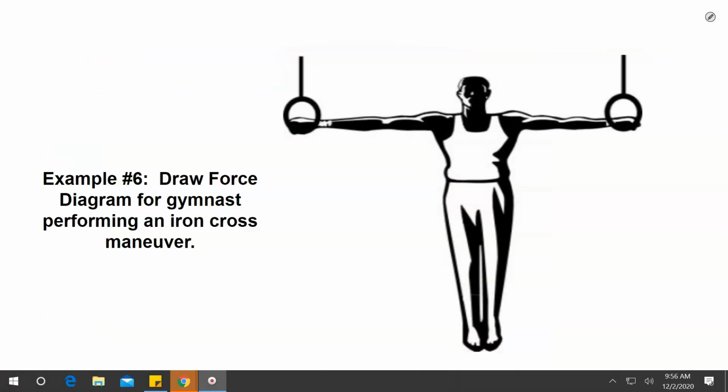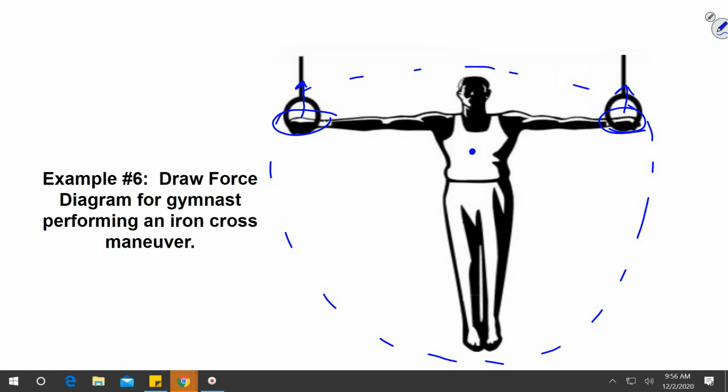Okay, we're going to look at example number 6. Example number 6 here is a man doing a maneuver called an iron cross. So this is what we're looking at, this man as he's doing this maneuver. We're going to just draw the force diagram right here on him. So we know we have two contacts, right here and right here, and we're going to use the rope as our forces.